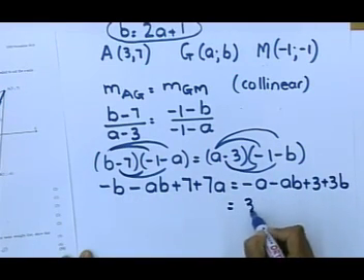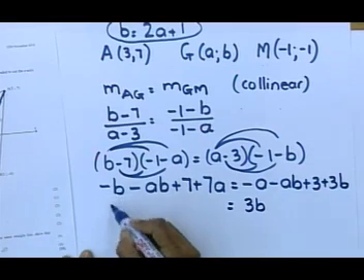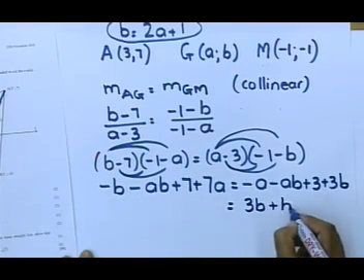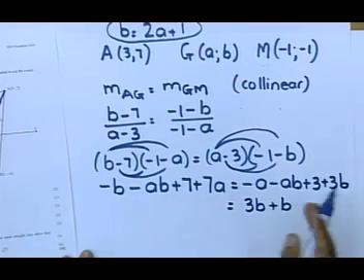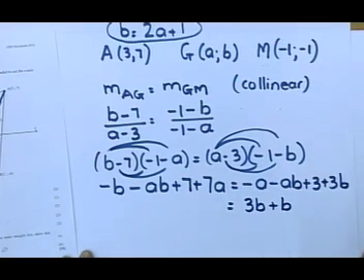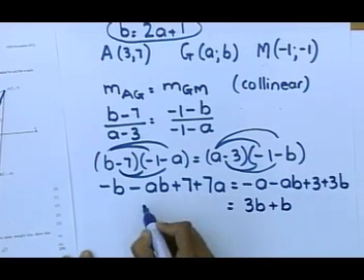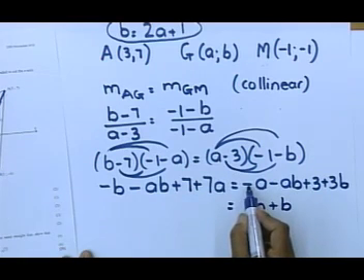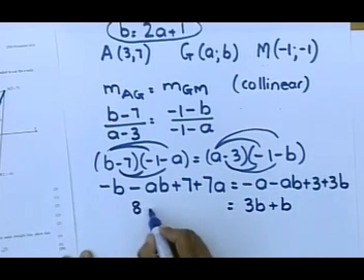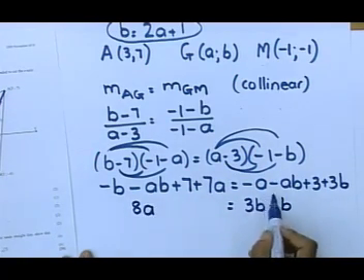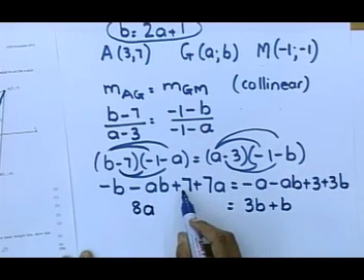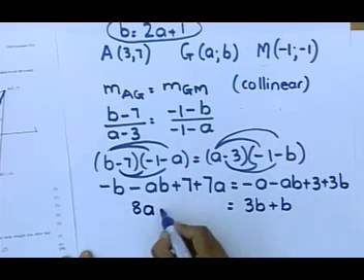Then I have 3B, and if I bring that negative over, it's plus B. On this side, I have 7A. Bring that negative A across. It gives me 8A. And if I bring the plus 3 across, 7 minus 3 is plus 4.